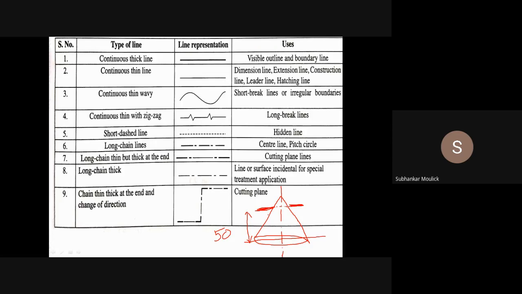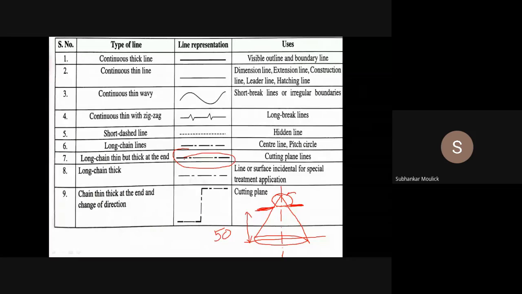With this line I understand that I am cutting a cone at a distance of 50 mm from the bottom parallel to the x-axis. That means this much portion is removed, this much portion of the cone is left, and I am observing the shape of the cone. For that, I will use this cutting plane line.